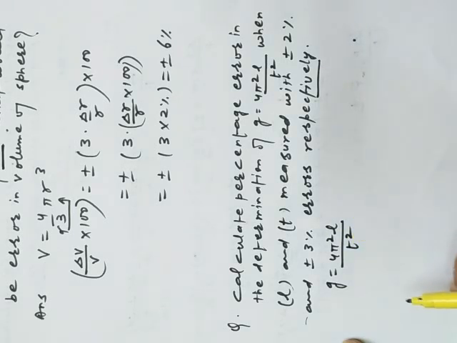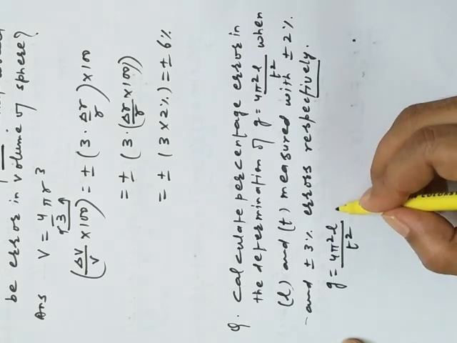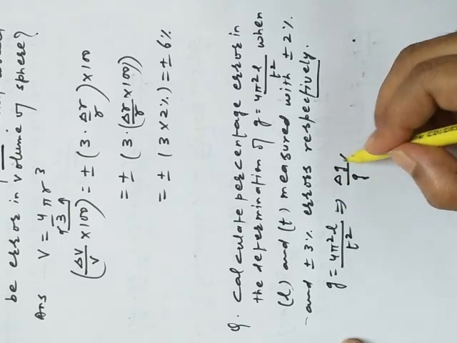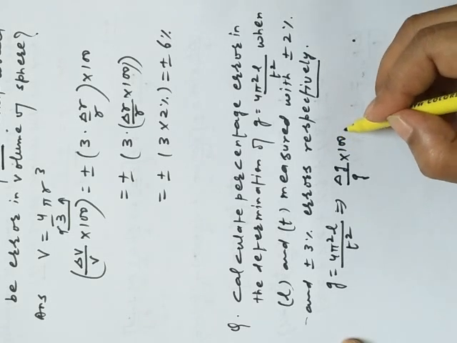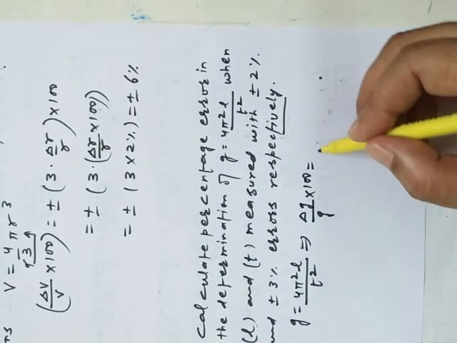L is the length of the string. Generally it is the formula of the acceleration due to gravity in the simple pendulum. So we are converting this formula: delta g upon g multiplied by 100 on the left hand side. On the right hand side we remove the constant, it doesn't create any impact.